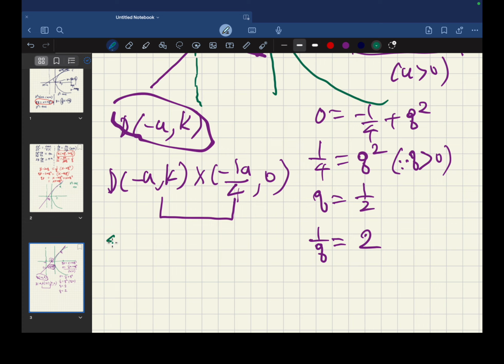The slope here is the y difference divided by the x difference. So k minus 0 over minus a minus 1a over 4.